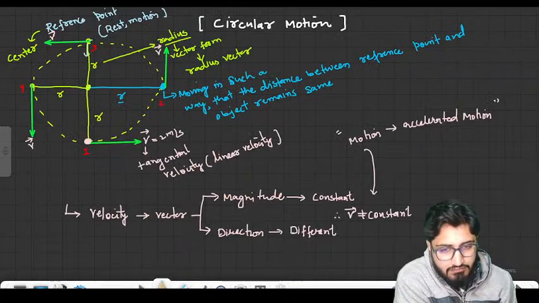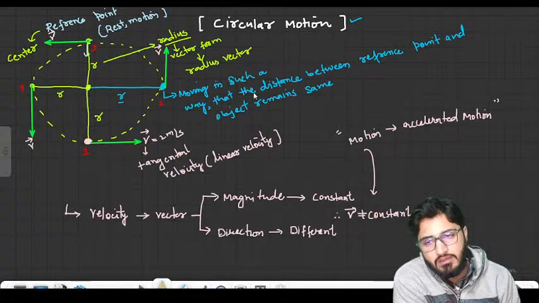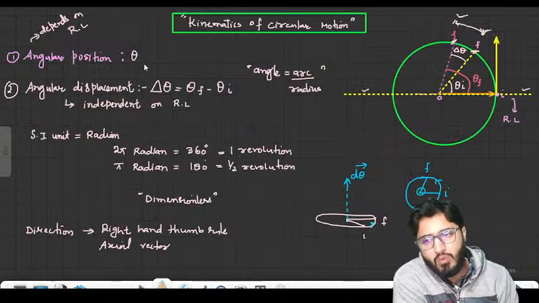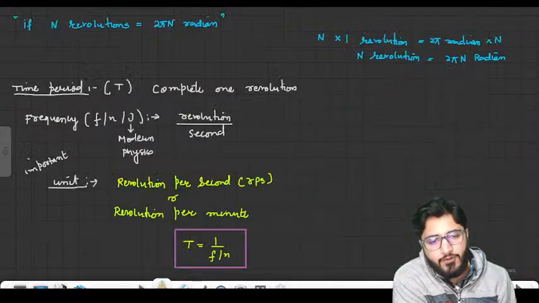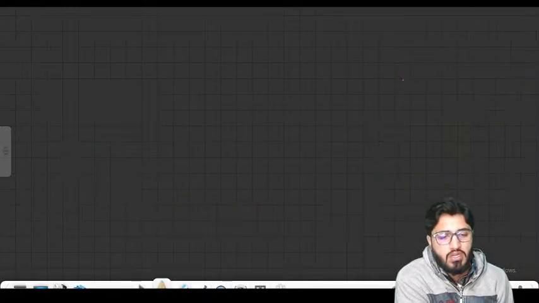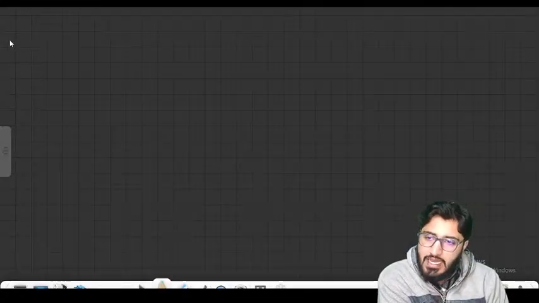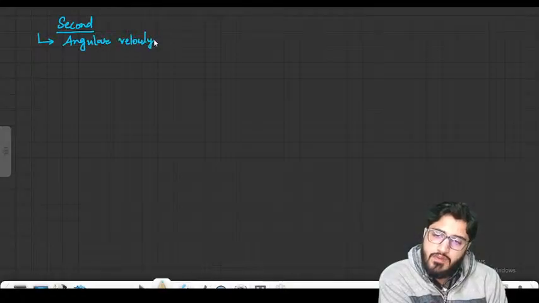Okay, so up to now we discussed what circular motion is all about. The second point was angular position and angular displacement. Then we discussed time period, frequency, and whether angular displacement depends on the position of the observer or not. Now the second class, that means tomorrow, we will discuss angular velocity and angular acceleration.